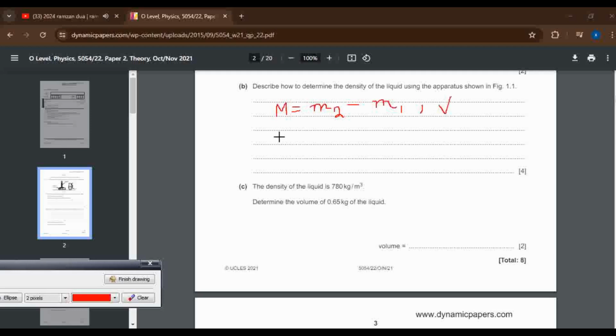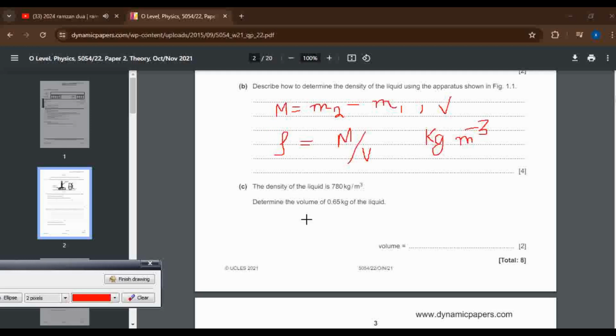Then we can find the density by the formula density is equal to mass divided by volume. If mass is in kilograms and volume in cubic meters, then its unit will be kilogram per meter cube. So this is the formula you can use, finding the mass and volume using the apparatus shown in the figure.